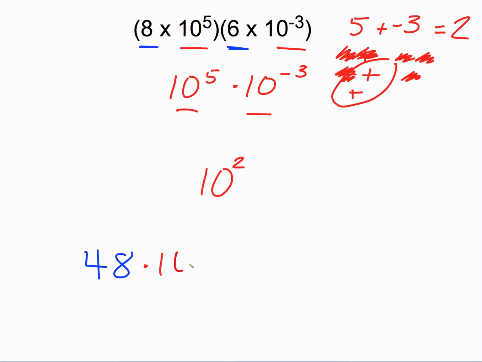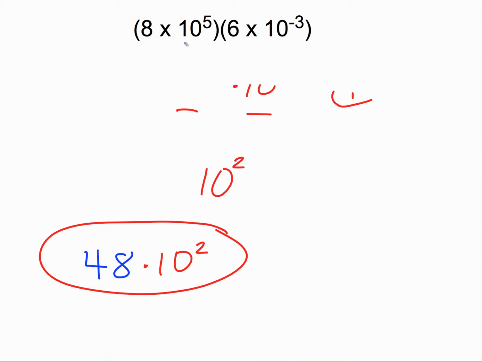So this is 48 times 10 squared. Now I finished the multiplication and I could say that that's my answer. However, that's not in scientific notation, because that number in front of the decimal has to be from 1 through 9. And currently my decimal's here and the number in front of it is 48.